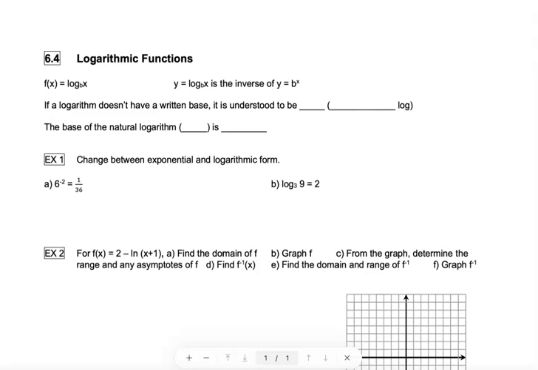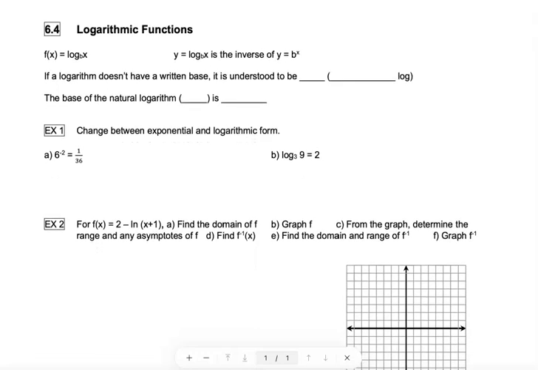All right, so today we are looking at logarithmic functions. So these go with exponentials. We kind of have them hand in hand because our parent graph for logarithmic is f of x equals log base b of x. It's really important that you know how to say that intelligently.